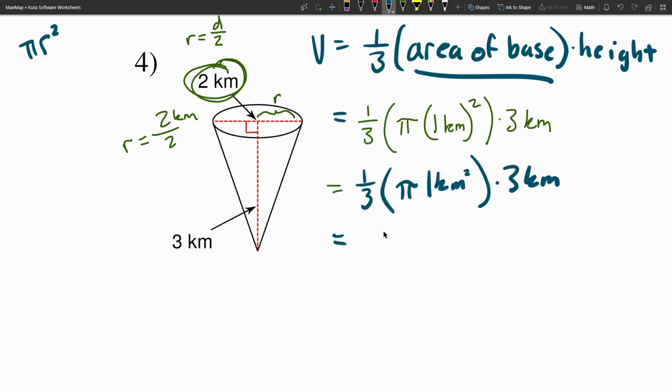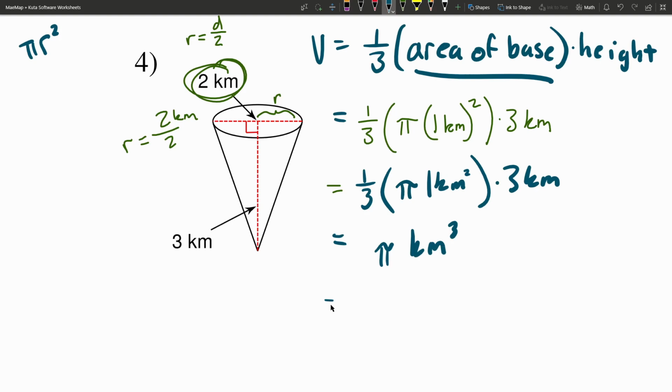So simplifying this down, 1/3 times 3 kilometers is just 1 kilometer. And 1 kilometer times pi times 1 kilometer squared is just 1 times pi times kilometers cubed, which is pi kilometers cubed.